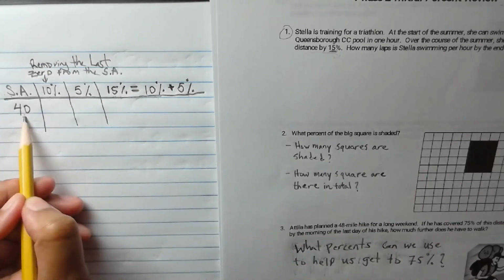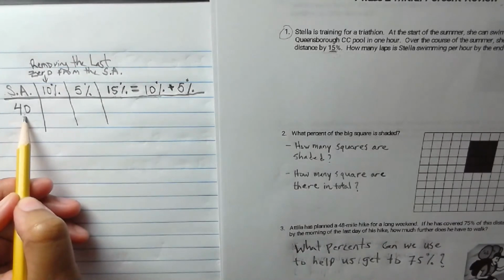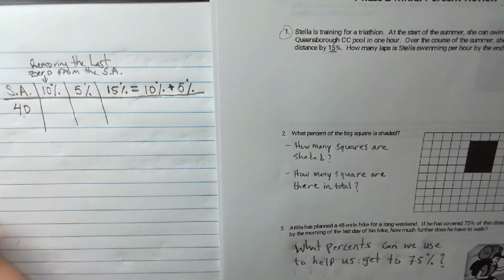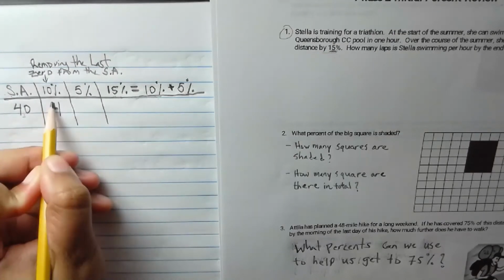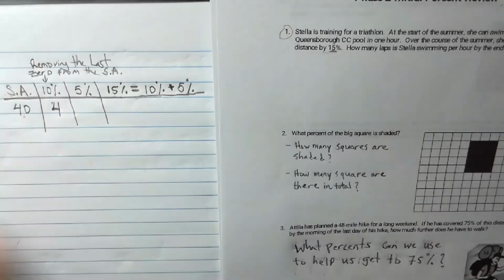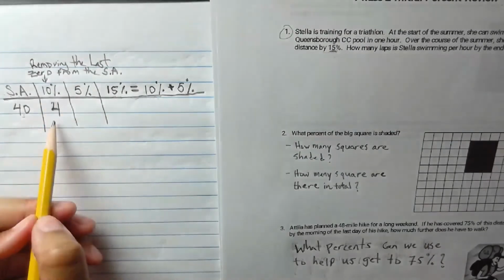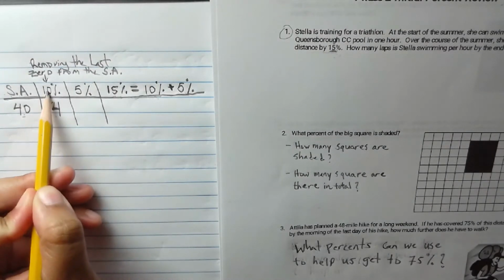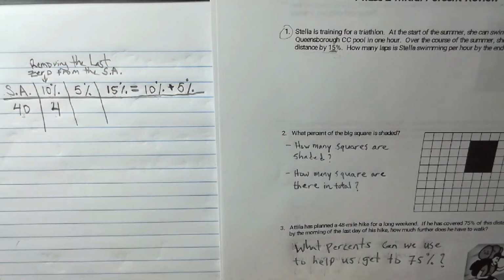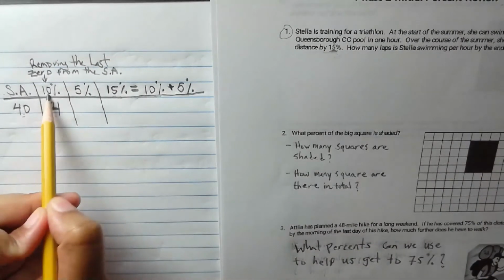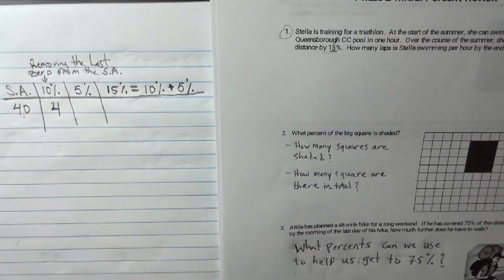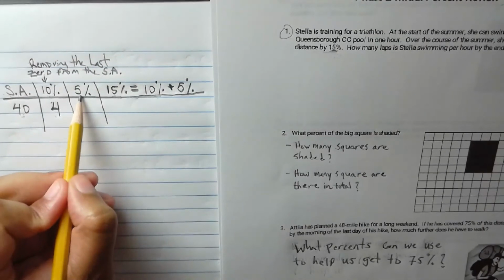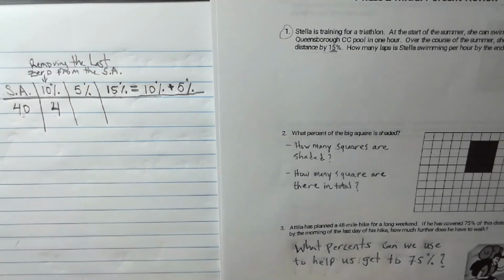So if this 40 is the starting amount and we remove the last 0 from that, what would that amount be? That amount would be 4. So what is that saying? That means 4 is 10% of 40. Okay, but that's not the percent we were looking for. We were looking for 15%. So let's keep going. Now we need to find 5% of this amount.